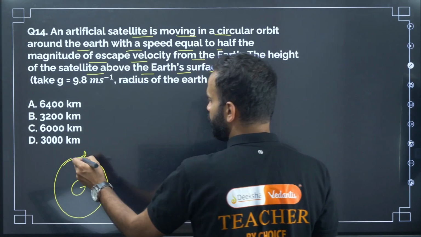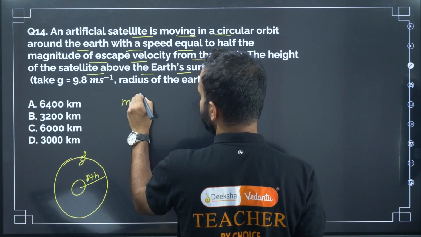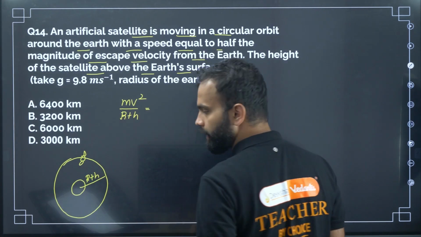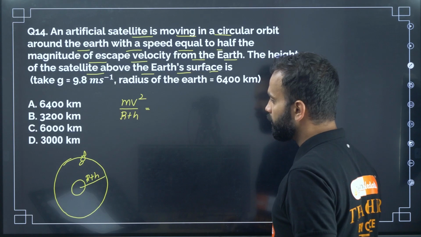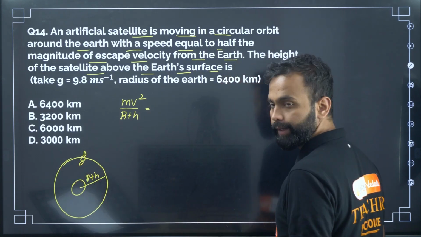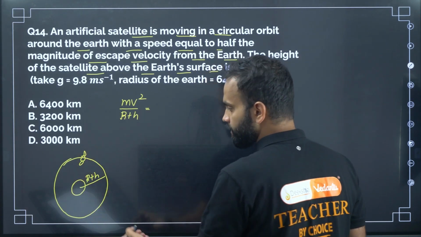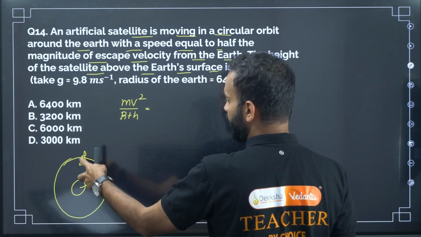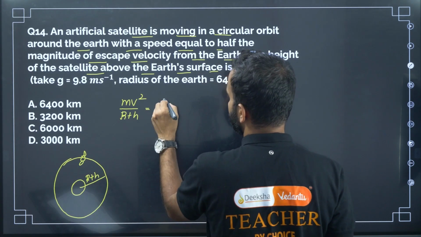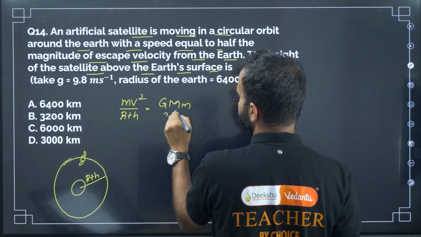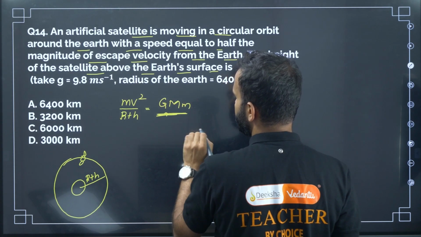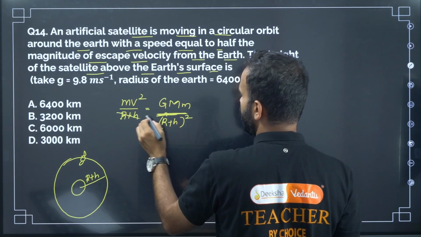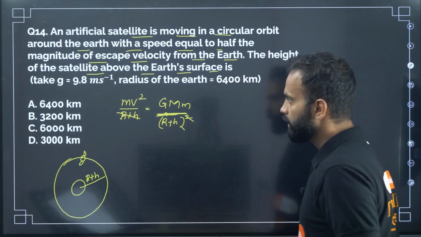So the centripetal force of this satellite, m v square divided by R plus h, is equal to the gravitational force between the planet and the satellite, that is G M m divided by R plus h whole square. So R plus h will get cancelled, right?